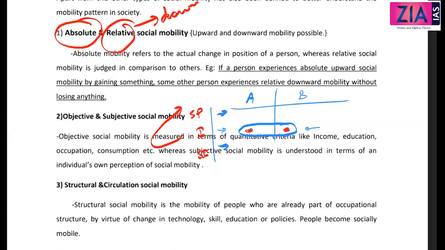When you discuss absolute poverty and relative poverty, what is absolute poverty? Below poverty line. Relative poverty means in comparison to others, that is inequality. Similarly here, A got promoted, so A experienced absolute mobility. B did not change any position, but still he experienced a downward mobility.